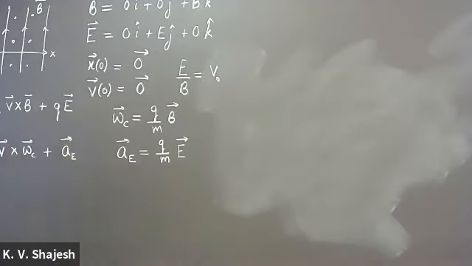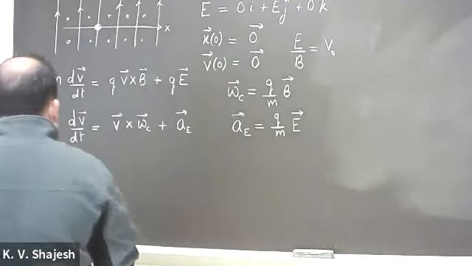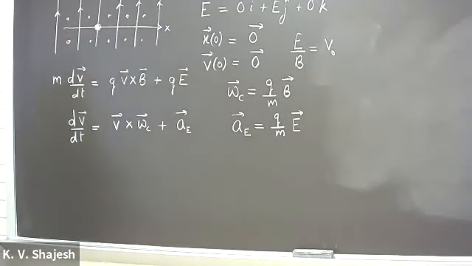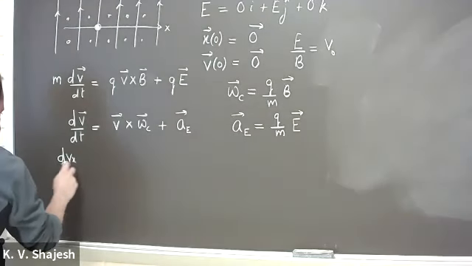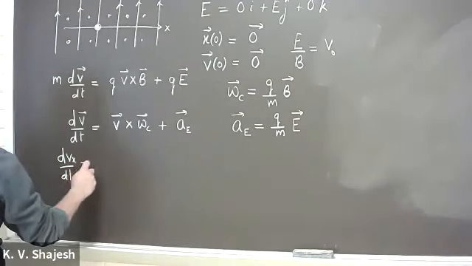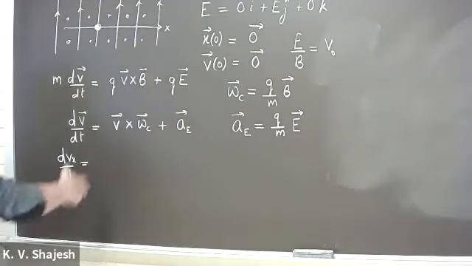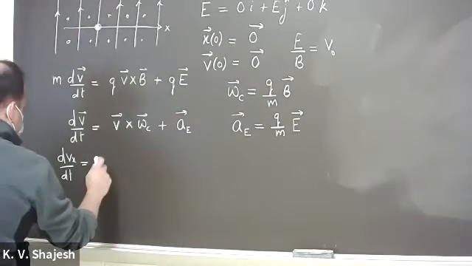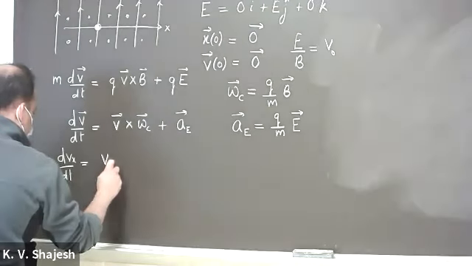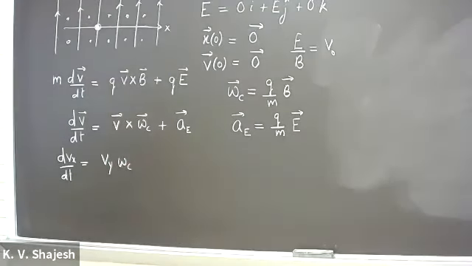That's our setup, and let's split this into three directions. We have dvx over dt, the x component, equal to vy times omega c. Is there an electric field in the x direction?